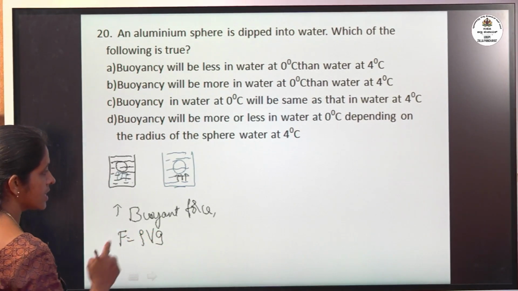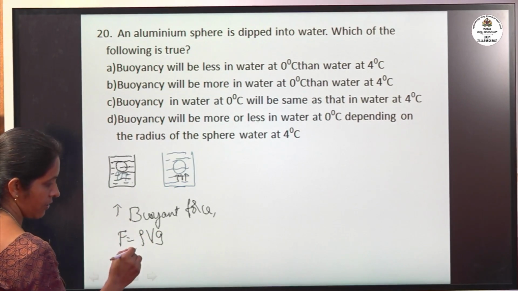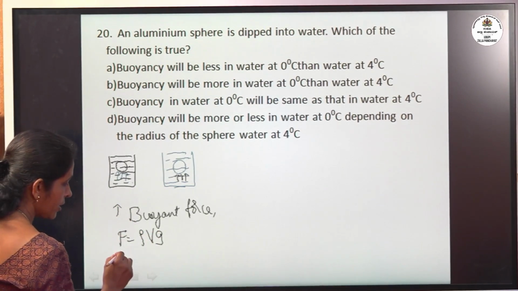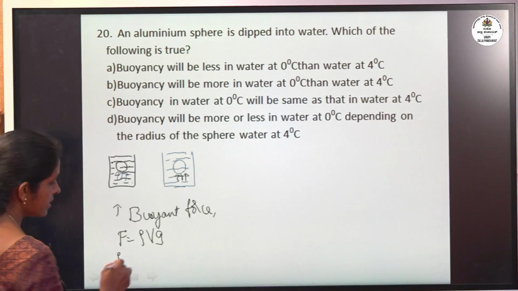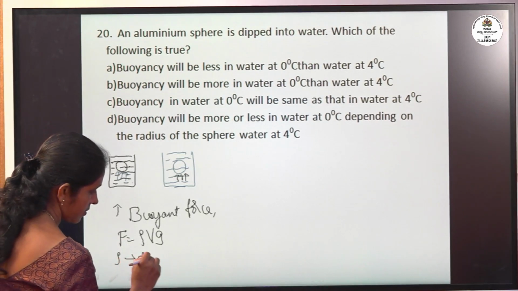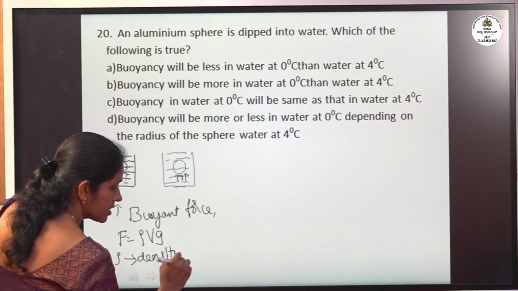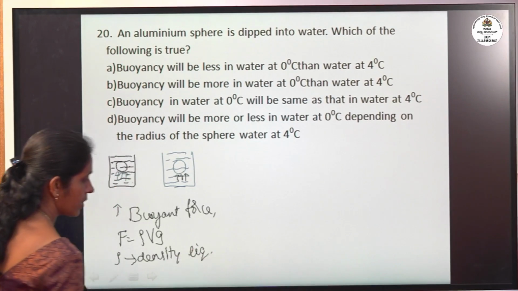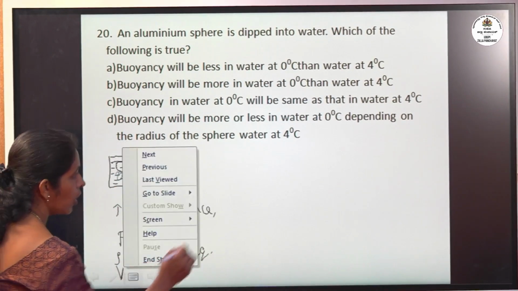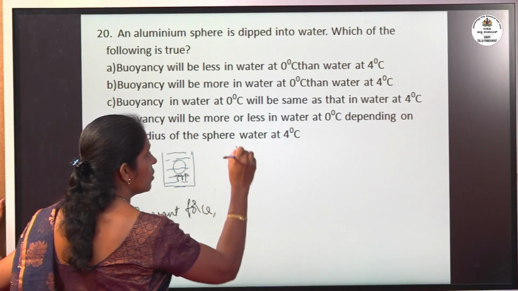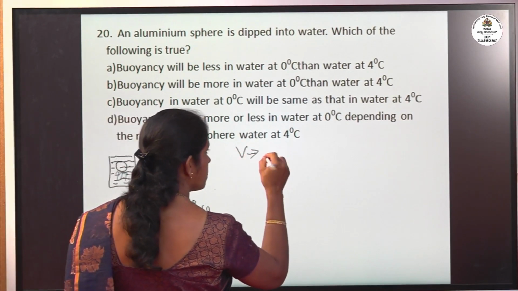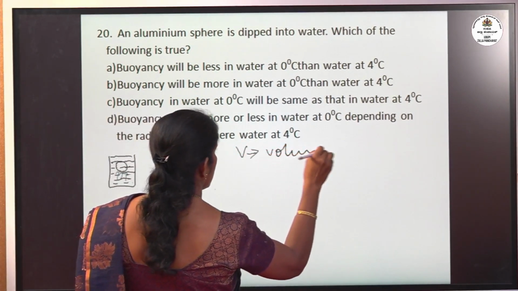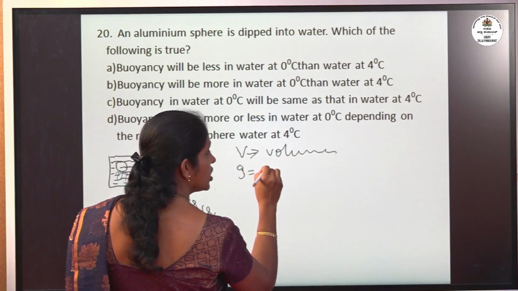Buoyant force is the upward force or upthrust, where rho is the density of the liquid, V is the volume of the sphere, the volume of liquid displaced, and g is acceleration due to gravity.